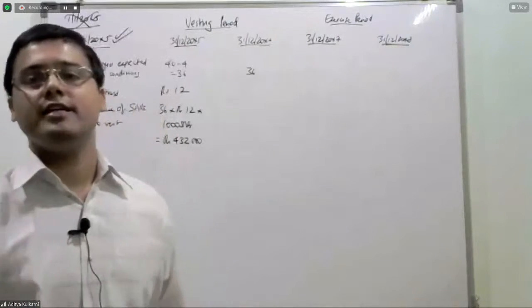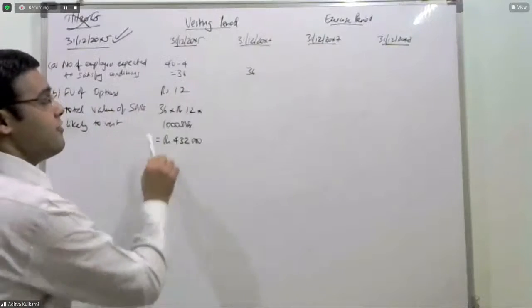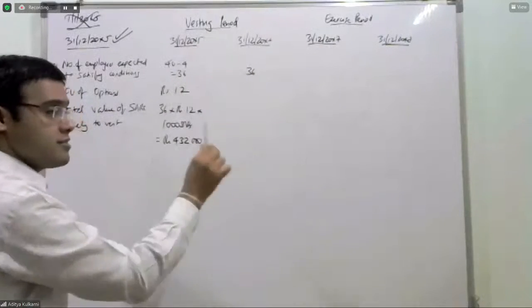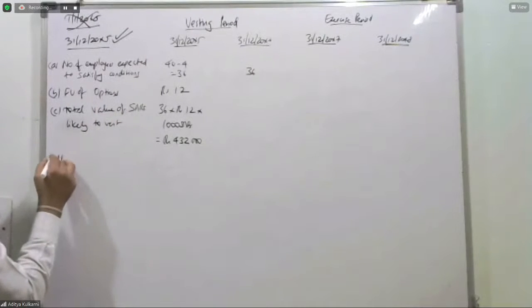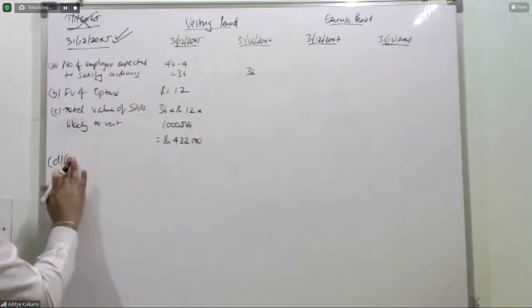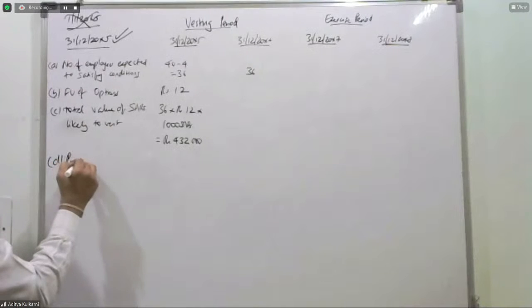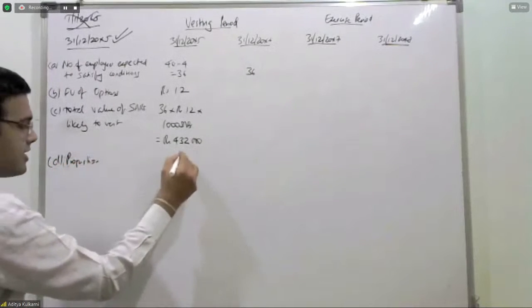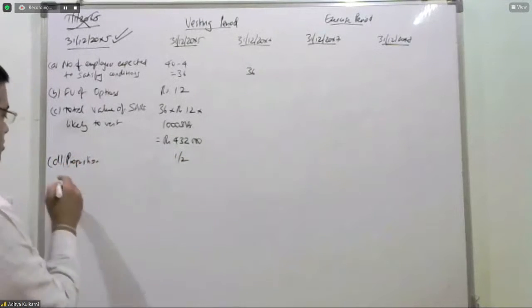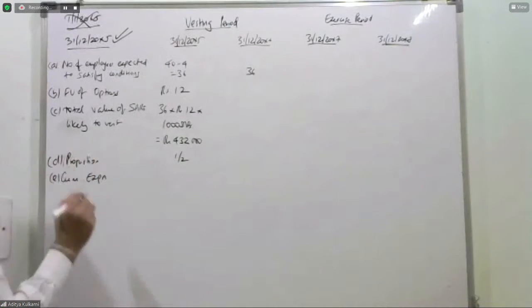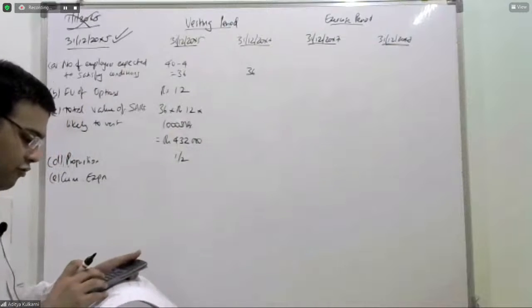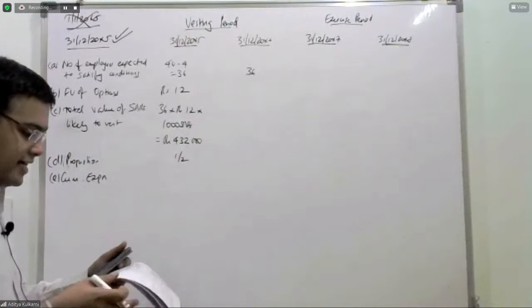Now, is 4,32,000 your expense for the first year? And the answer is no, it is not. Why? Because the vesting period is 2 years. So therefore, cumulative proportion. What is your proportion? Proportion will be half, 1/2. So cumulative expenditure will be 4,32,000 divided by 2.